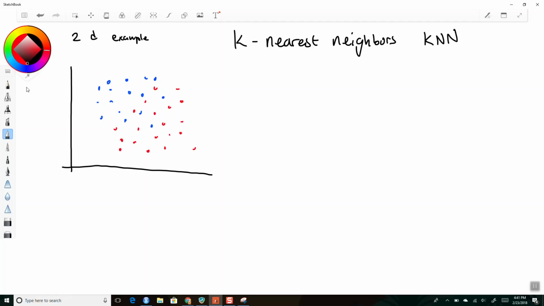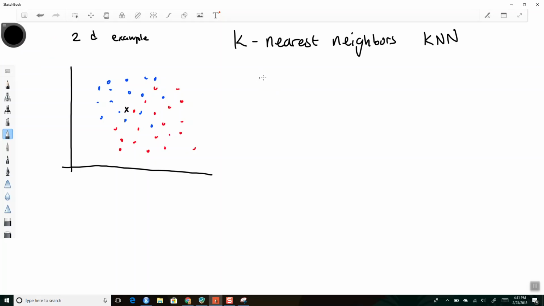I've got the red team and the blue team here, and let's say I have an observation right here. You have to guess what this thing is going to be. This is how K-nearest neighbors works.